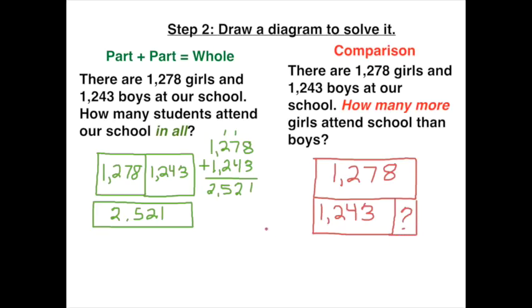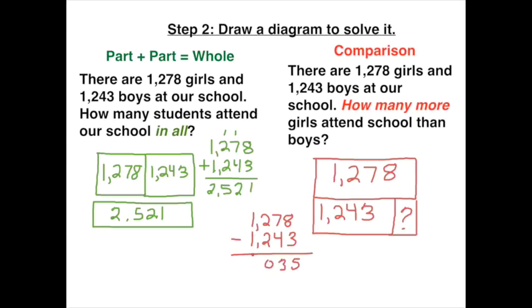Okay? And I'm going to do it quickly because we've already covered this before in other lessons. 1,278 minus 1,243. Ah, cool. I shouldn't do any regrouping. 8 minus 3 is 5. 7 minus 4 is 3. 2 minus 2 is 0.